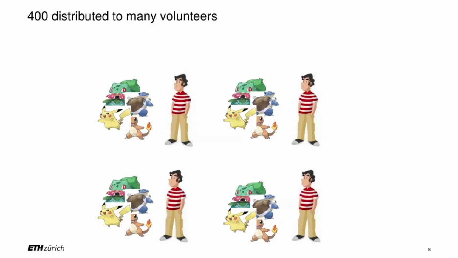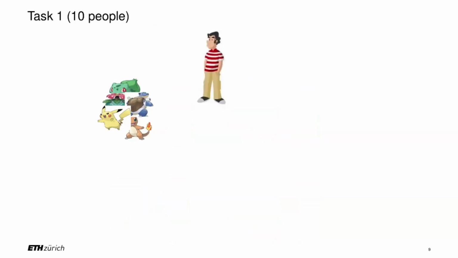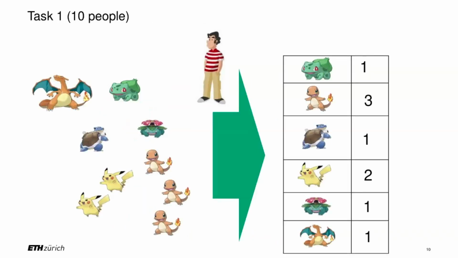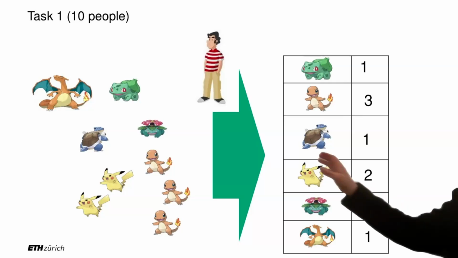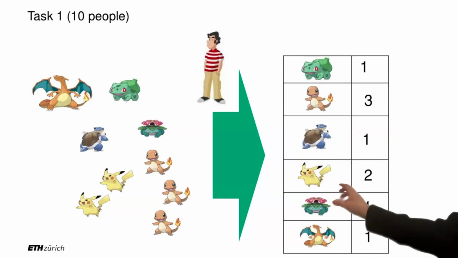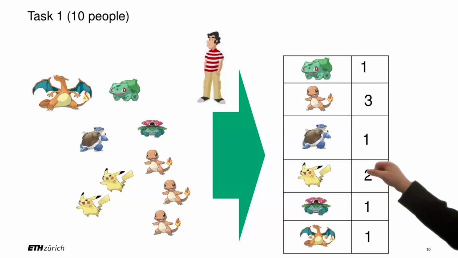So I ask for 10 people to each take one split. And these people are supposed to look at what they have in their bag and to count locally, just for what they have, how many Pikachus and so on, right? And so they are supposed to write down the numbers. So I give them a piece of paper where they already have the distinct Pokemons and they have to write the numbers.